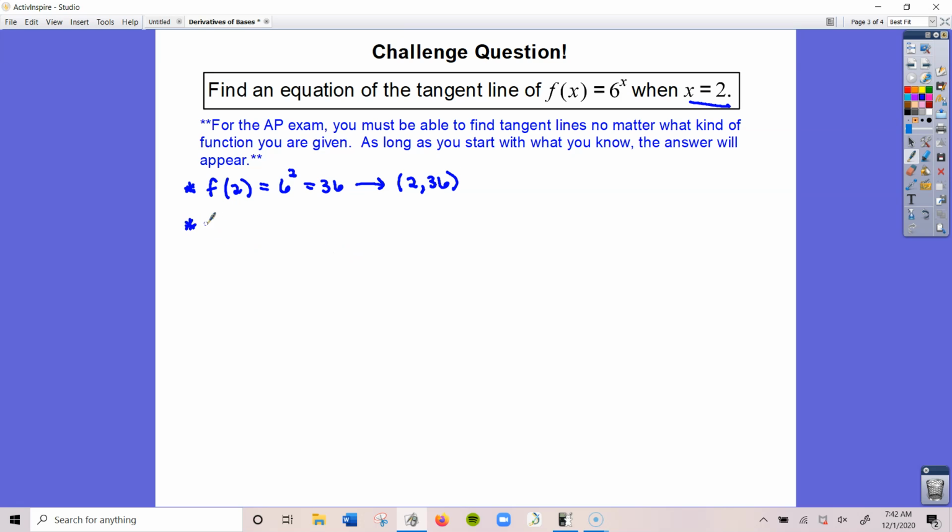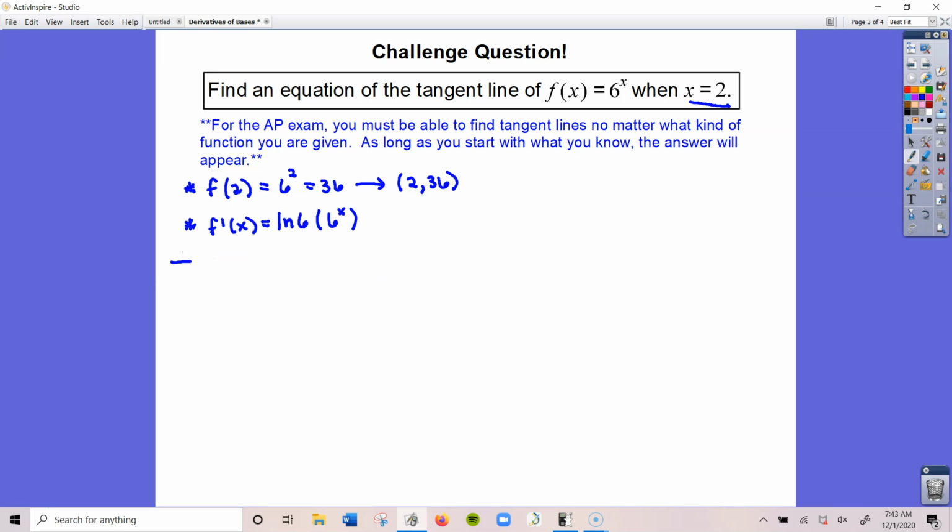Now I need to find the general equation for the derivative so that then I can plug in 2 in order to get the slope. So f prime of x, this is your basic exponential function with a base that's not e, right? So the exponent is just x, so you don't have to worry about u. So the derivative would be the ln of the base, so the ln of 6, times 6 raised to the x.